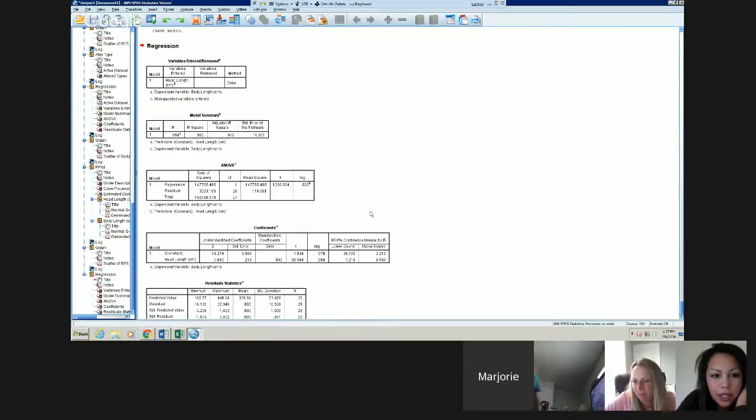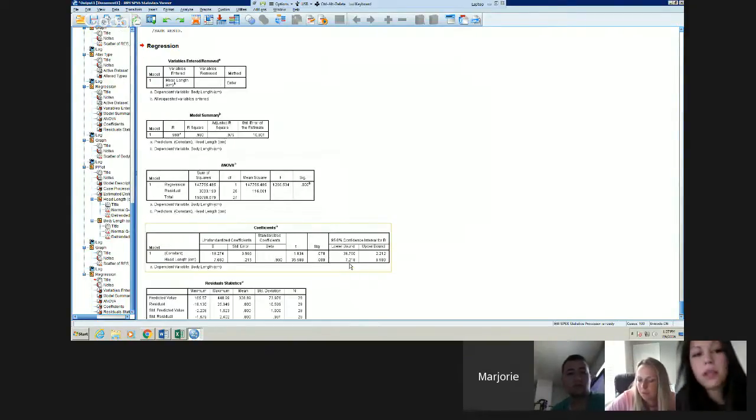All right. So now it's 7.218 for the lower bound. Yes, and 8.103. 7.218. Okay. And then we need to do the margin of error. 8.10.